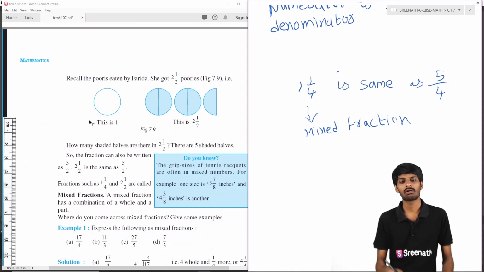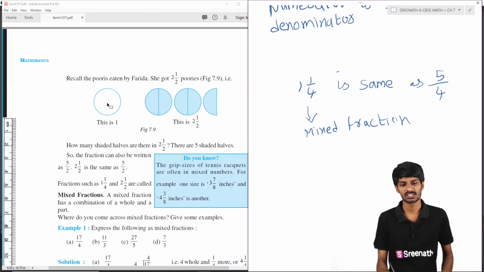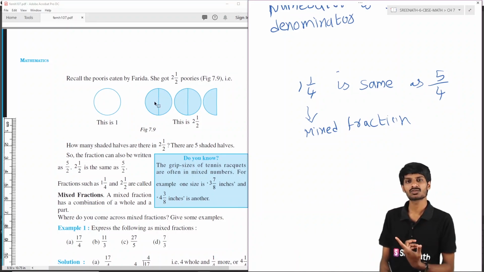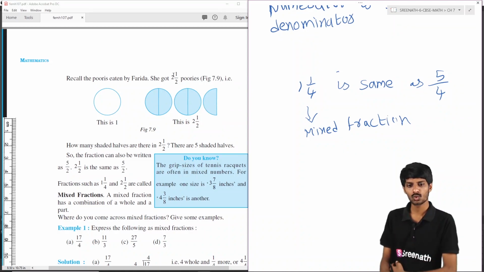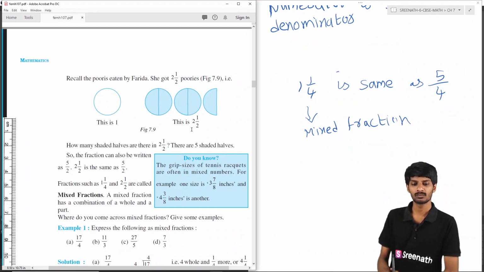So if you recall the puris eaten by Farida, this is one whole puri, and this is also one whole puri. The other is made into two parts, so there are two whole puris and one half, which means 2 and a half. 2 and a half puris, students.